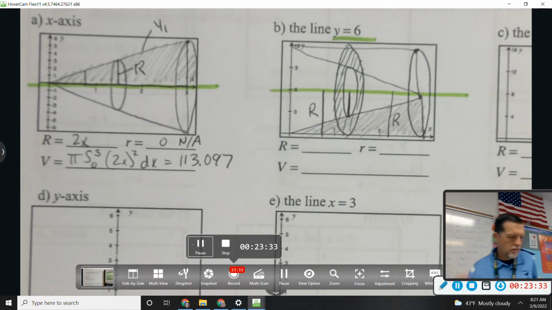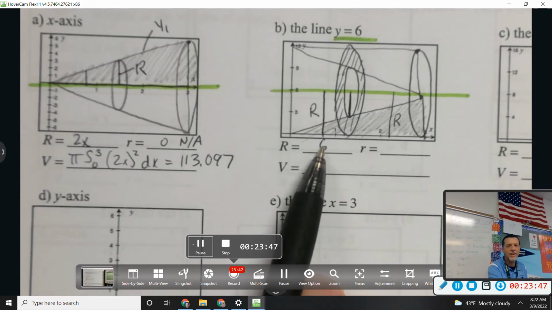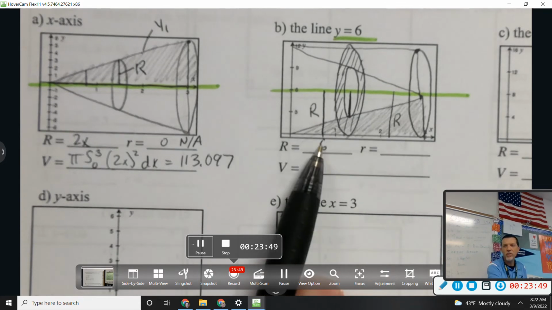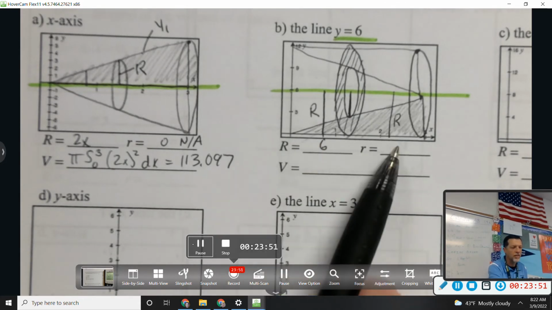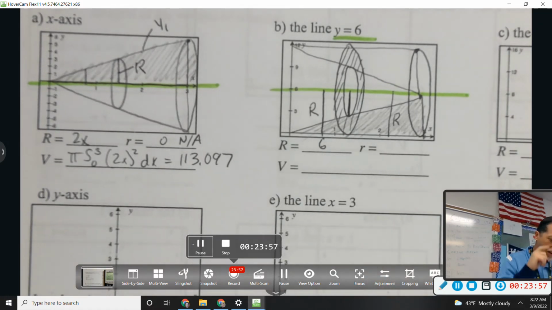Oh, if you look at that big one on the end, it's just that all the way down. Oh, that's a good idea. Look at the big circle. It is the same all the way down. So it shouldn't have an x in the expression for big R, because it's always 6. So little r equals 2x. Little r is changing though, so it does need an x in it, but be careful.